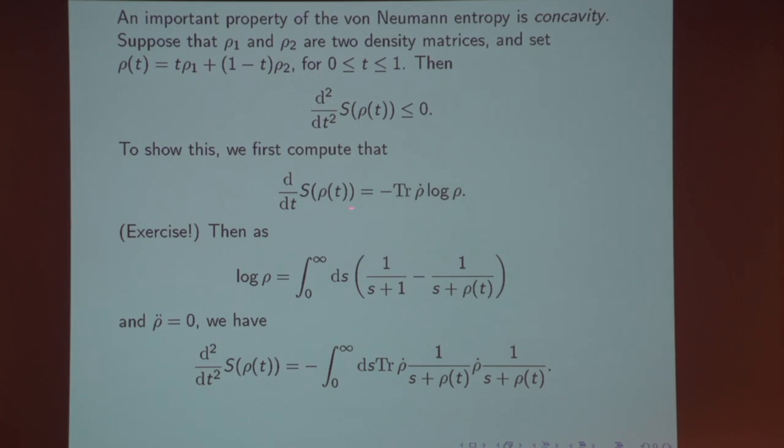So when you calculate the second derivative of S, you don't have to differentiate rho dot, but you do have to differentiate log rho. But if you use this formula for log rho, then it's convenient to differentiate log rho, and you get this nice formula down here.